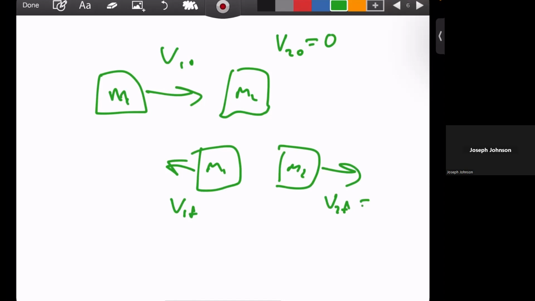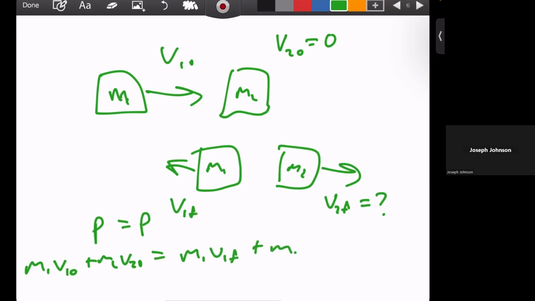Maybe I don't know what V2 final is, but I know everything else. So momentum before the collision is going to equal momentum after the collision. So M1 V1 initial plus M2 V2 initial is going to equal M1 V1 final plus M2 V2 final.